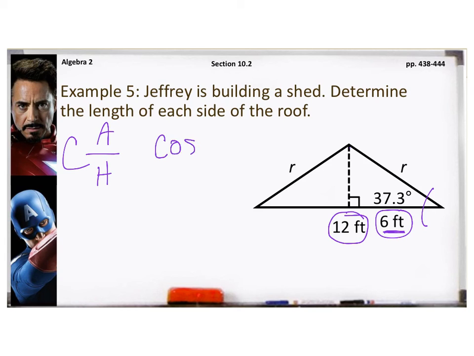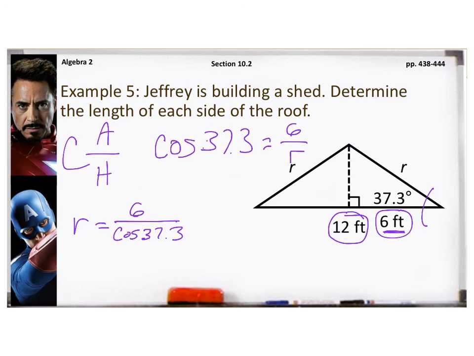So the cosine of 37.3 is equal to my adjacent side over my hypotenuse, which is R. Okay, so I multiply both sides by R, and then I divide both sides by the cosine of 37.3. And that's what R is. I put this in my calculator.